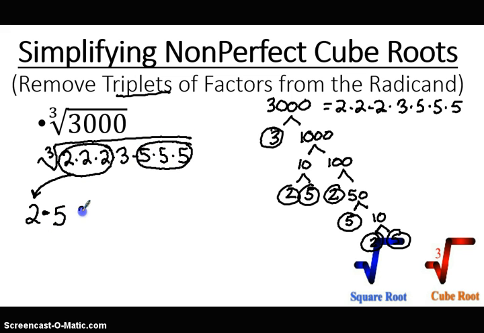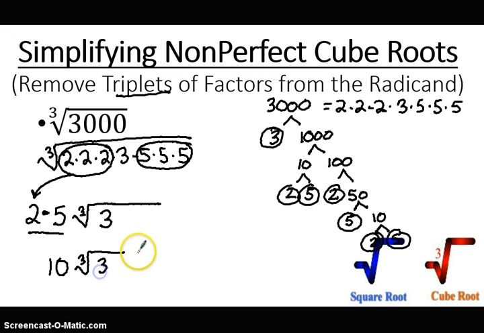The cube root symbol, or the radical sign, must stay because we have a 3 remaining that does not have any triplets of factors. Step 4, simplify. 2 times 5 is 10, so we get 10 times the cube root of 3. The cube root of 3,000 is the same as 10 times the cube root of 3.